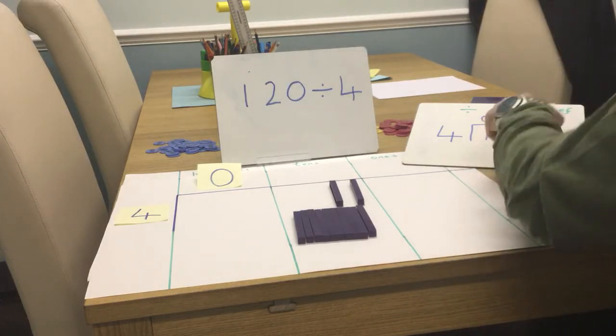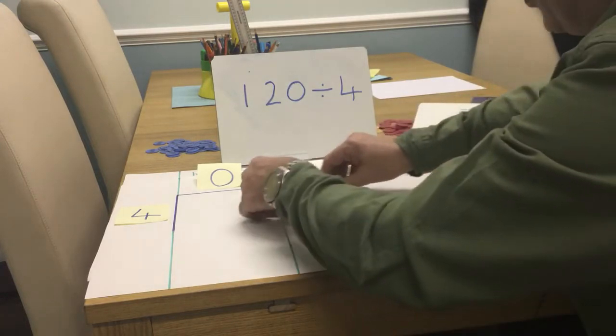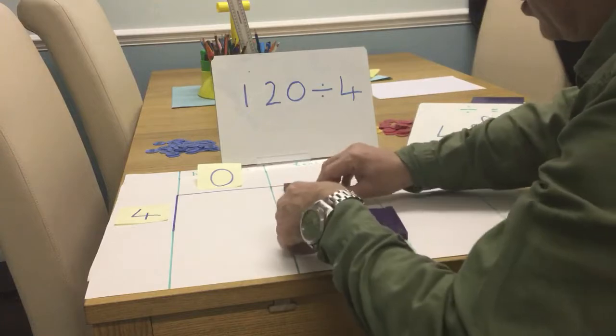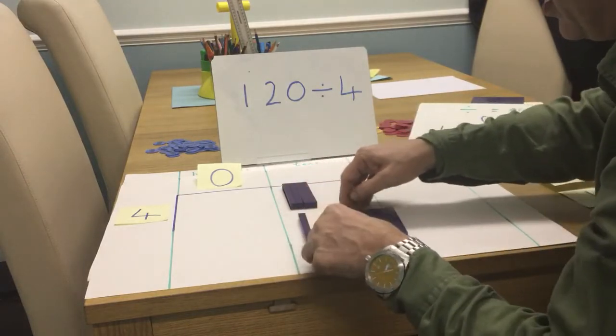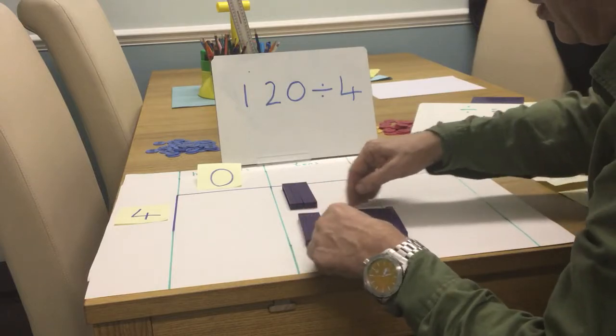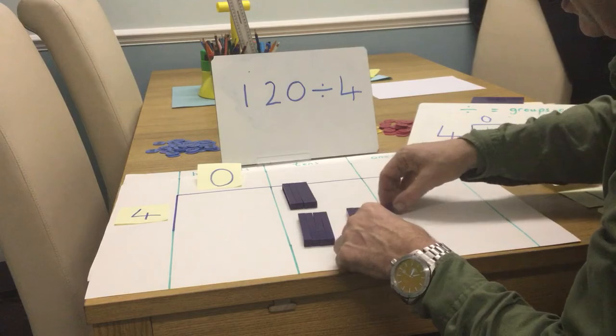So that says that there are 12 tens in the tens column. Right, question 2. How many groups of 4 tens can we make from 12 tens? Well, we've got 2 here, so if we put another one there and another one, we've got 4. 1, 2, 3, 4.